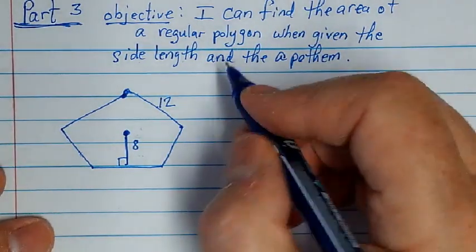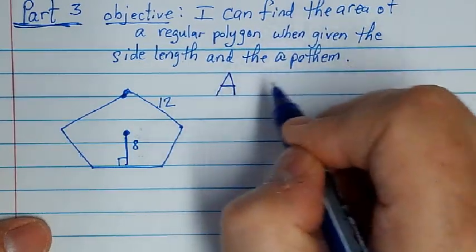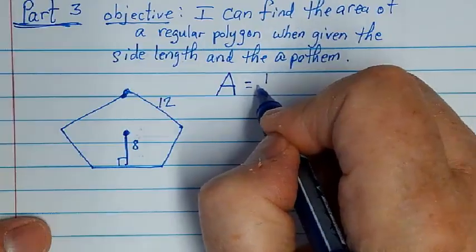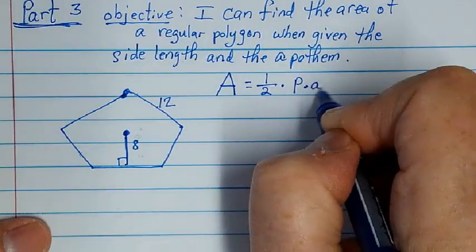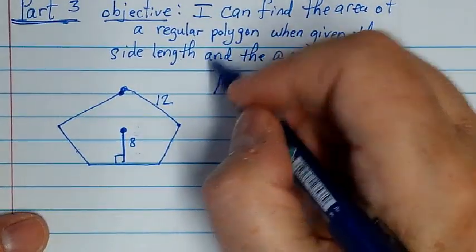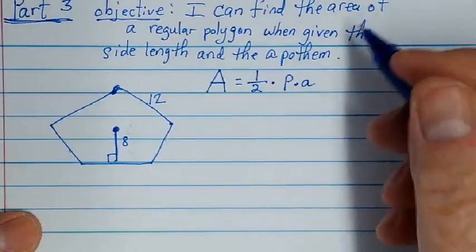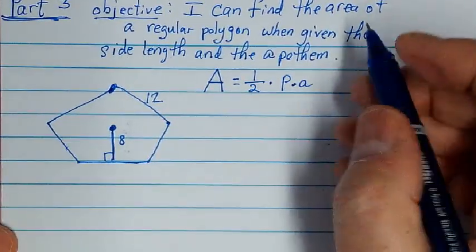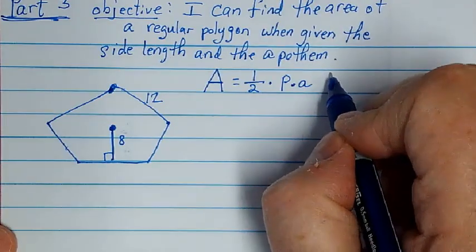You're in luck because of the formula, which is something you're going to have to memorize: the area of a regular polygon equals 1/2 times P times A. Now, this is the equation of the month here. This is the main equation of the whole entire unit. And let's define our variables.